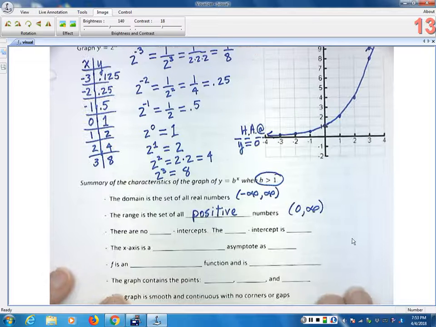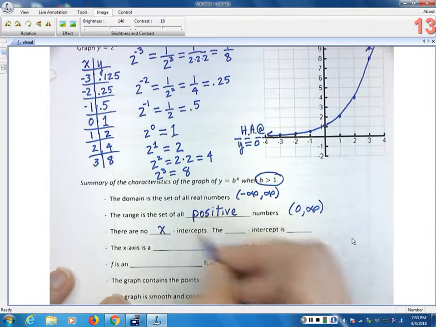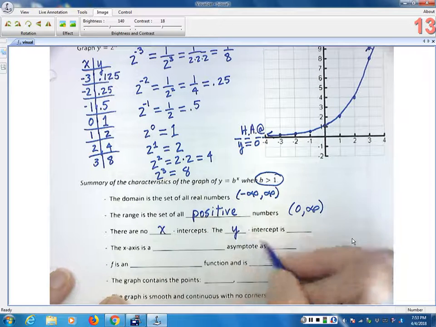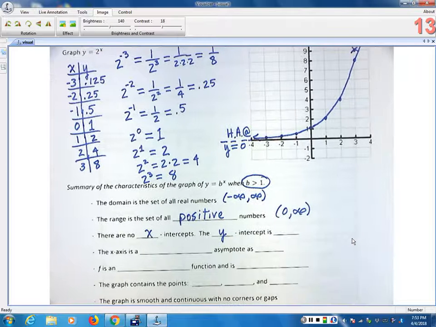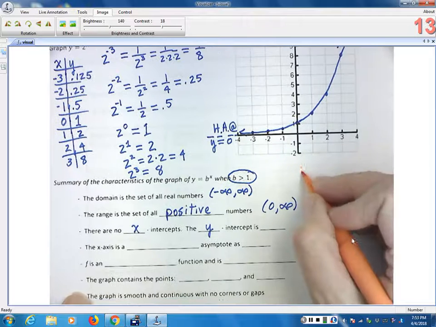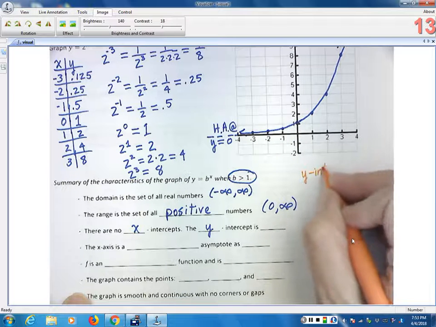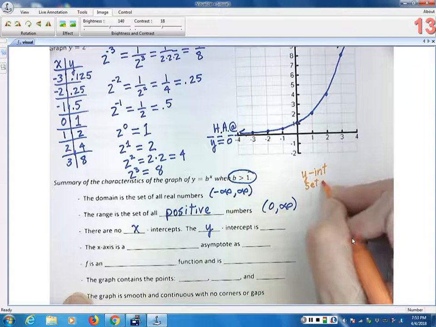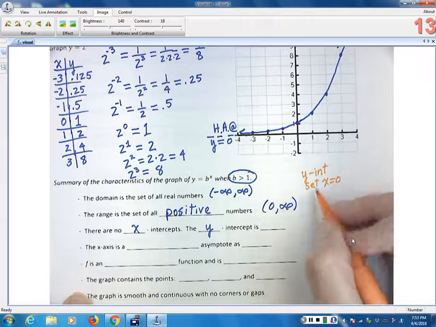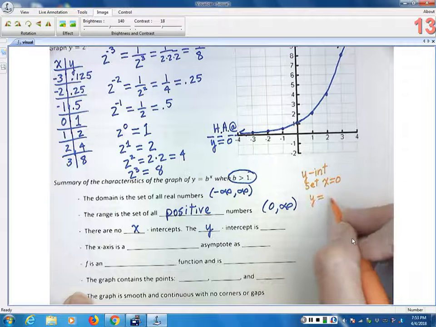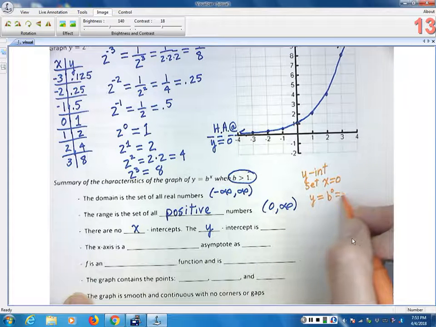There are no x-intercepts. The y-intercept is always, so how would you find the y-intercept? You set x equal to 0, so y equals b to the 0, which is 1.